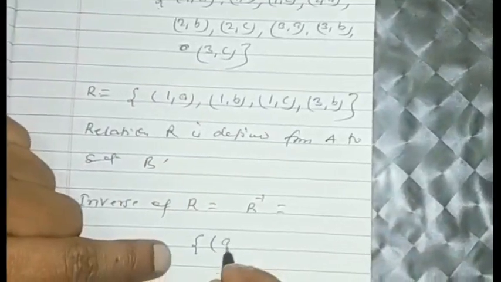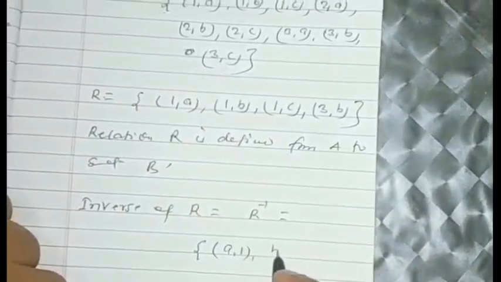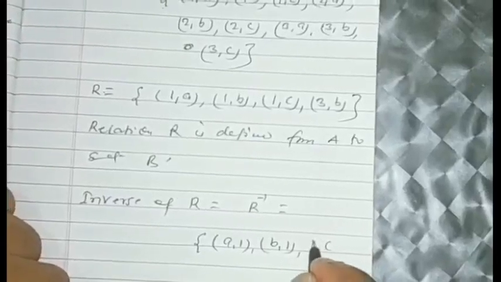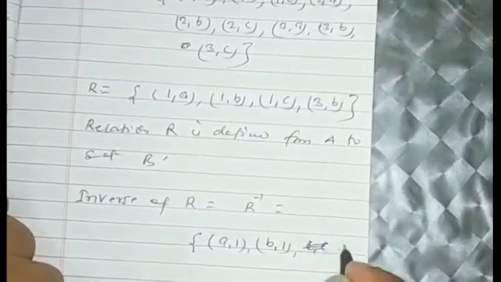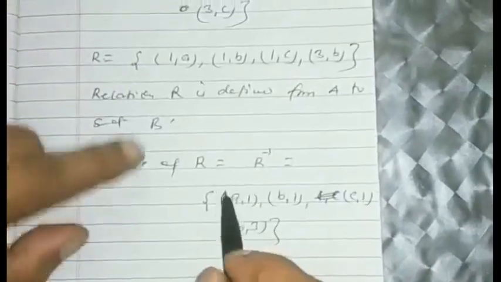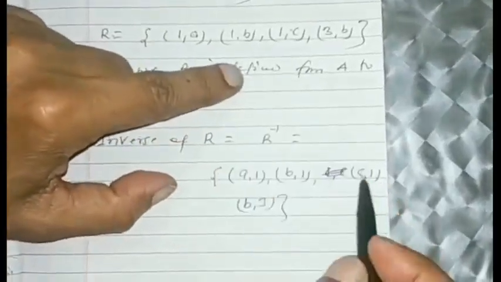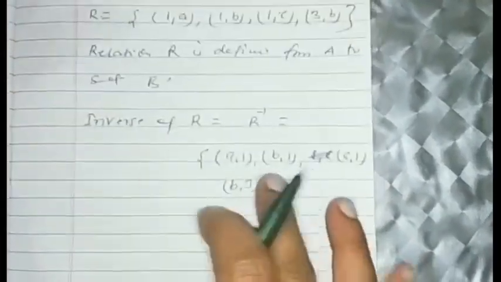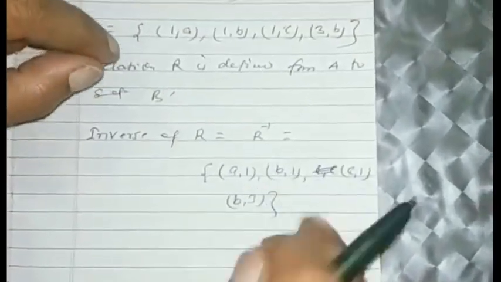Therefore here (a,1), (b,1), (c,1), (b,3). This is the R inverse, the inverse of R.